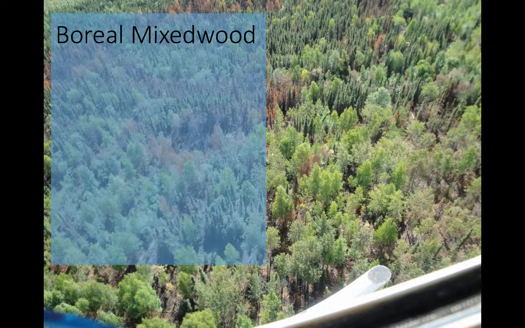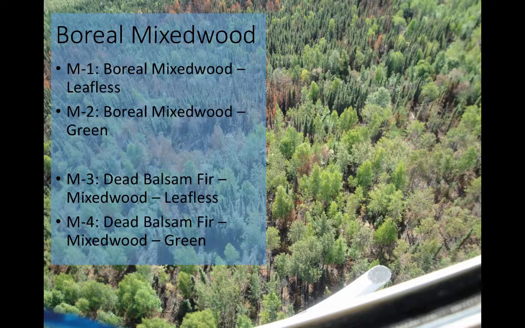In the boreal forests of Alaska and the Great Lakes transition forests of the northern lake states, hardwoods and conifers commonly grow in mixtures. The FBP system identifies them as boreal mixedwood, with M1 and M3 incorporating leafless hardwoods, while M2 and M4 include green or summer hardwood conditions.